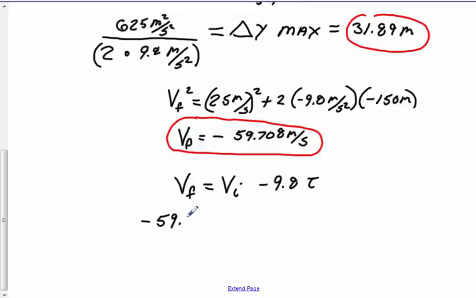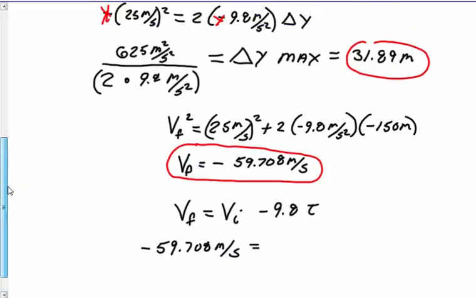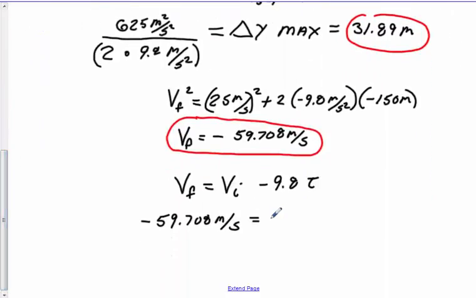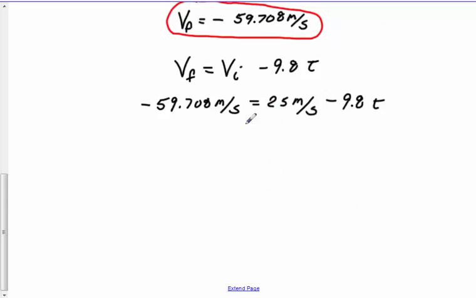Negative 59.708 meters per second is equal to my initial velocity, and initial velocity again was 25 meters a second, minus 9.8 times t. I will move the 25 over, which makes it negative.